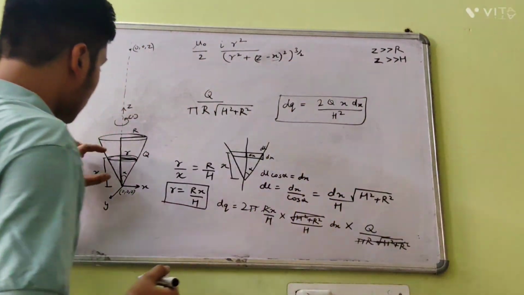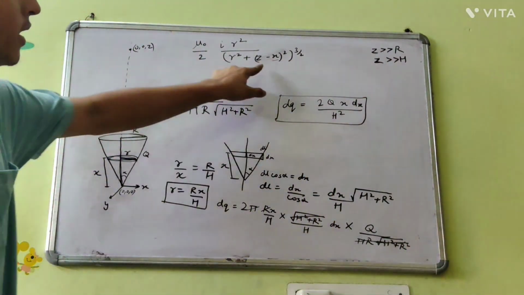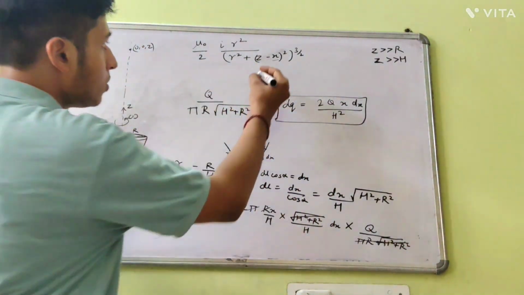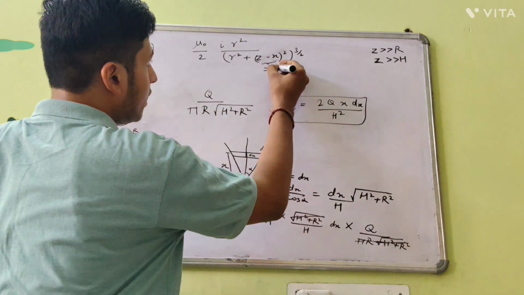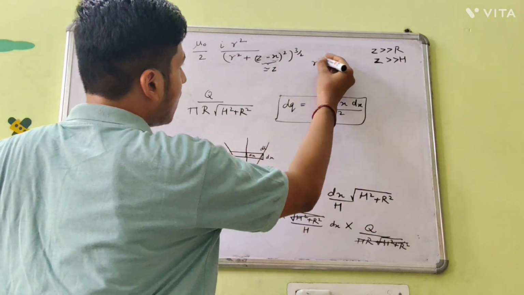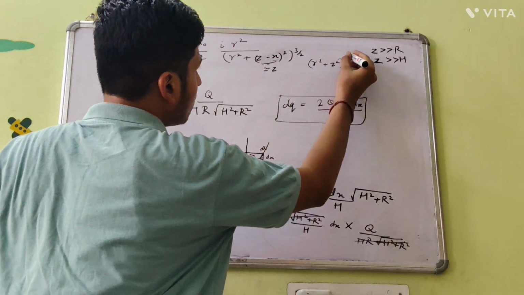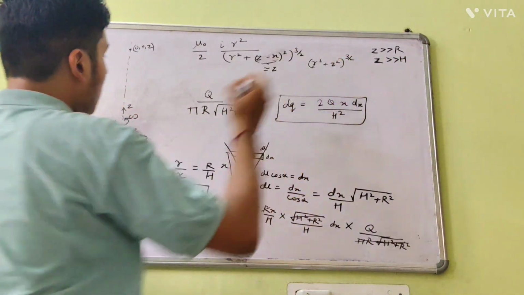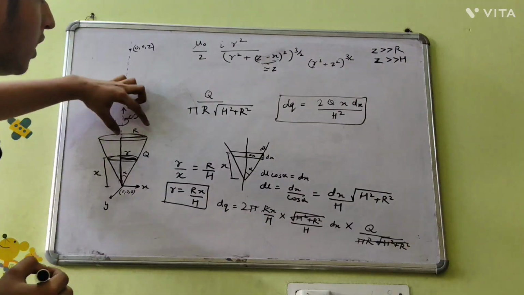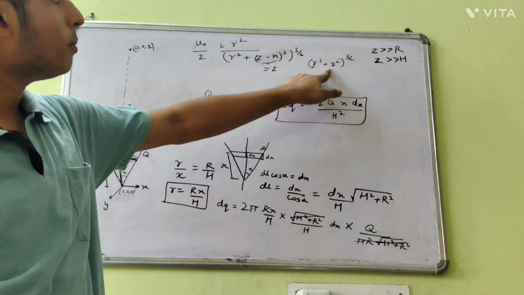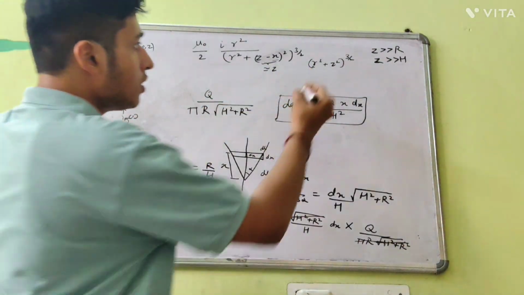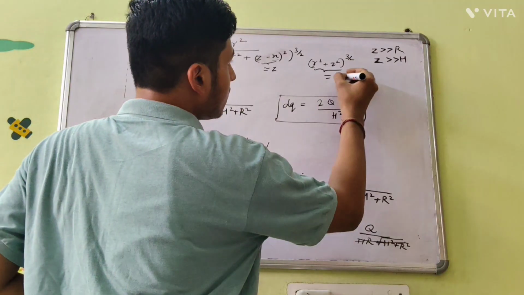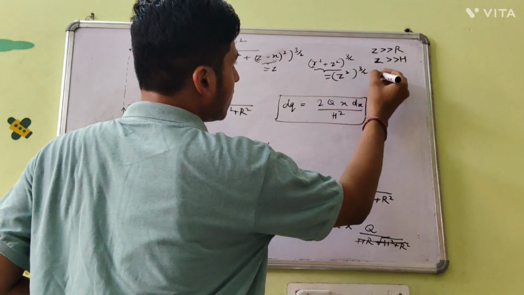Since x is smaller than h, z is also much greater than x. So z minus x will just be approximately equal to z. Now since z is much greater than R and r is smaller than even capital R, z is much greater than small r. So this is also approximately just z square to the power 3 by 2, that is z cube.